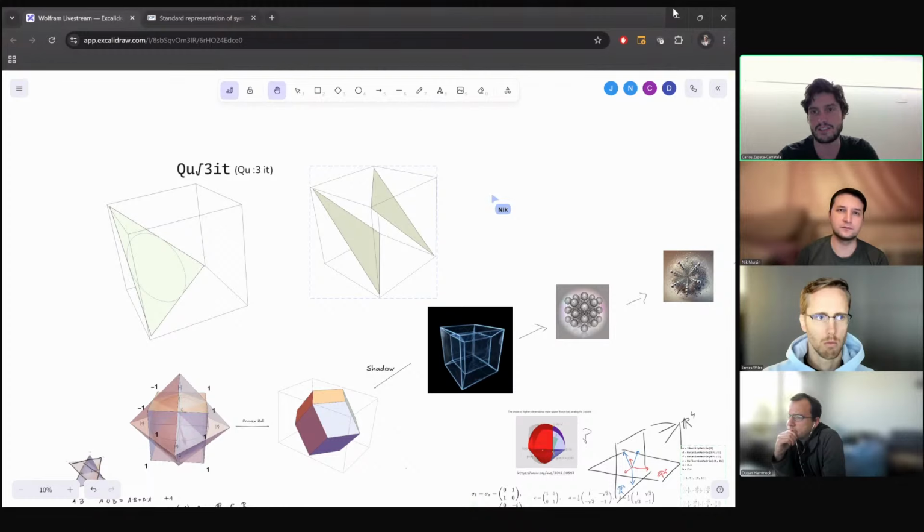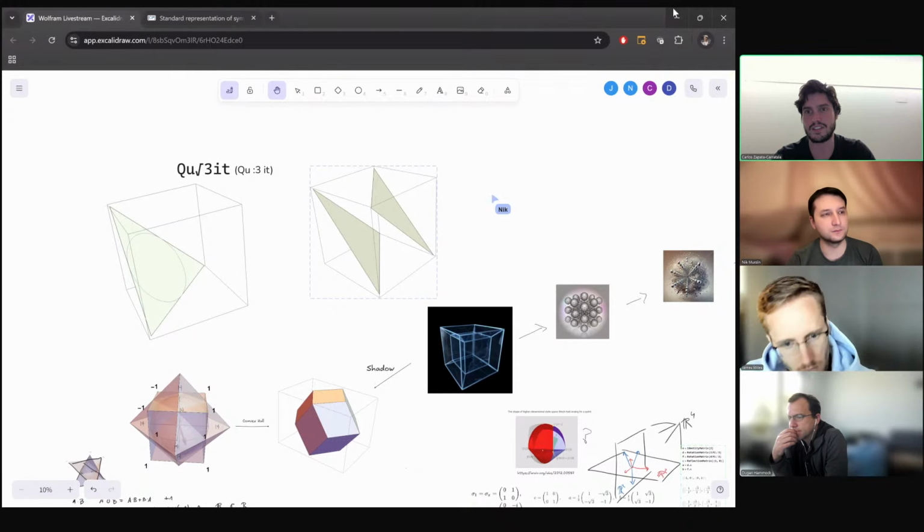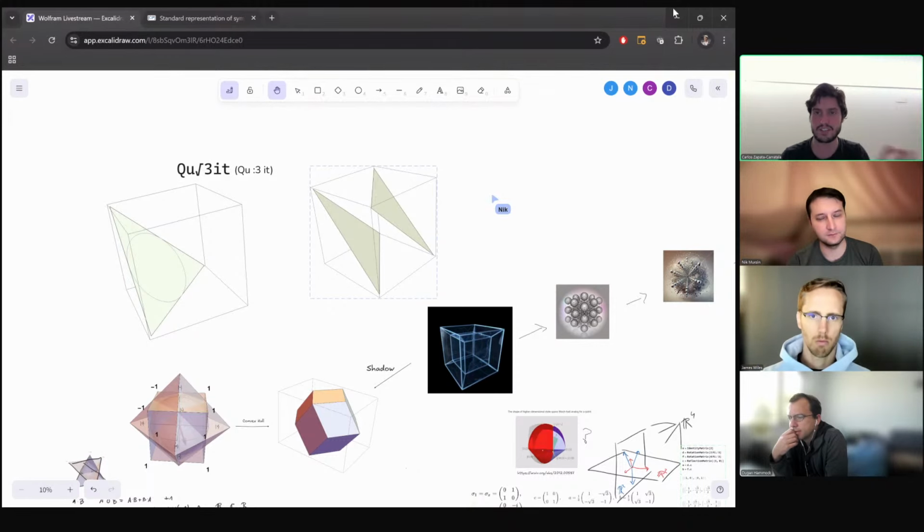You never get a closed operation. That's the point, right? You only get a closed operation in the whole of SO3, and that's not R3, right? It has some more interesting topology than that.